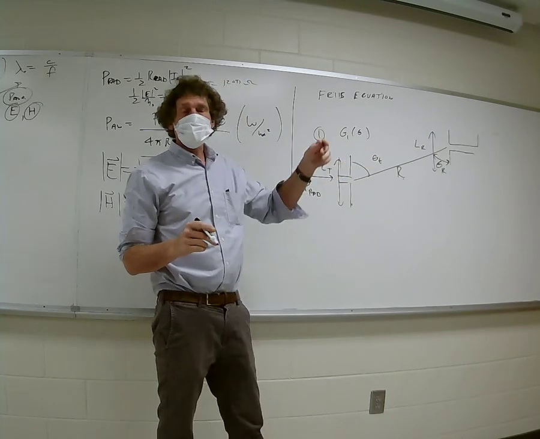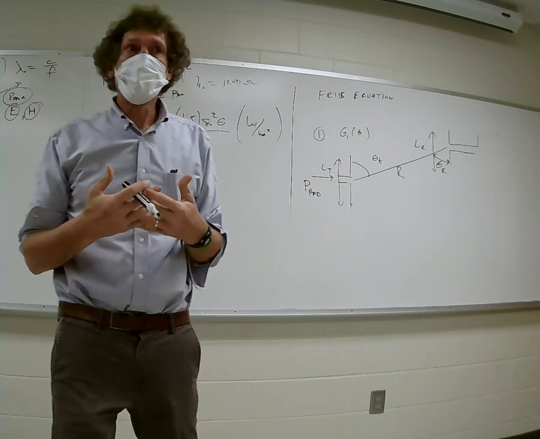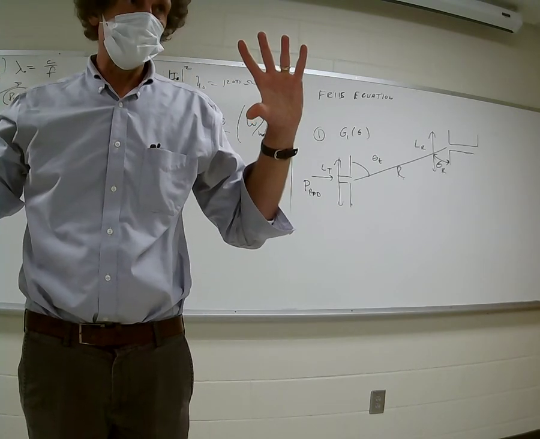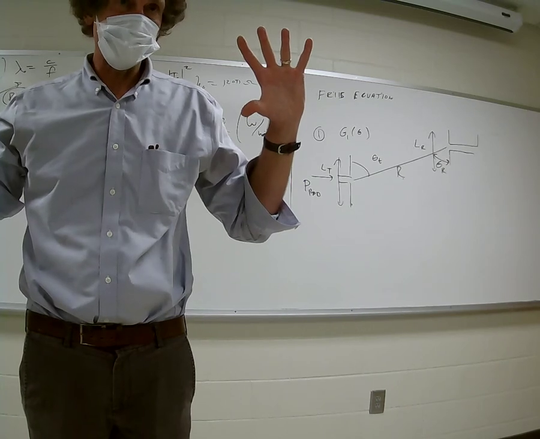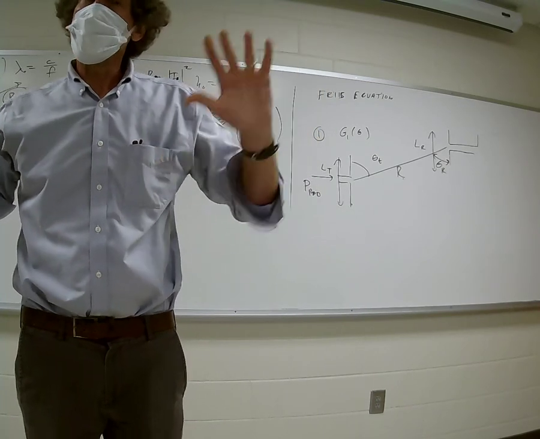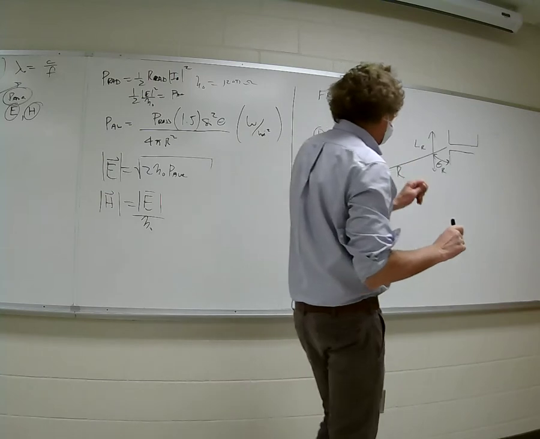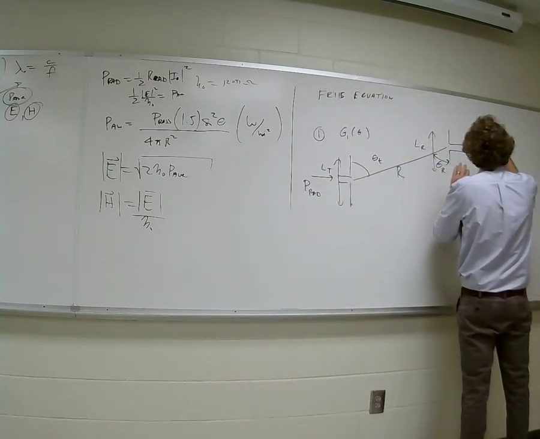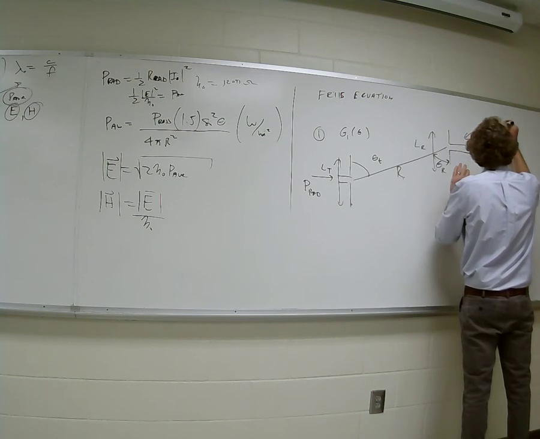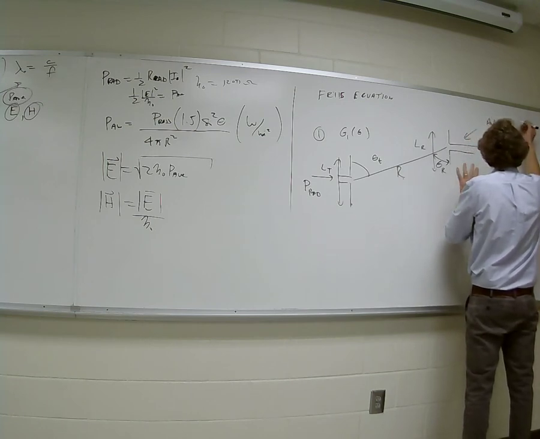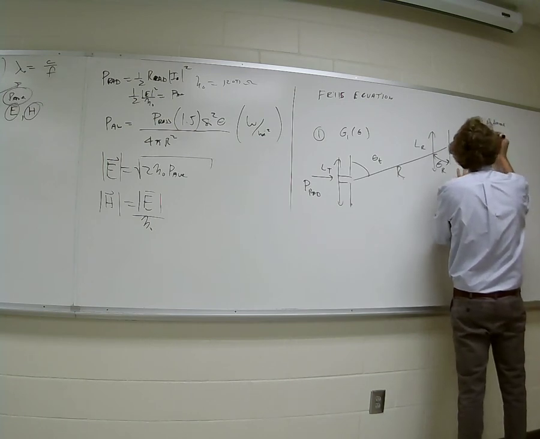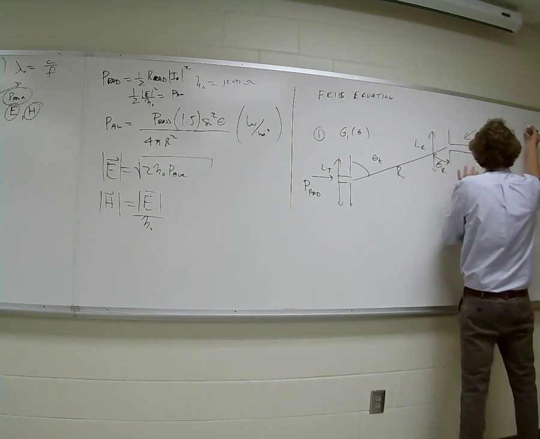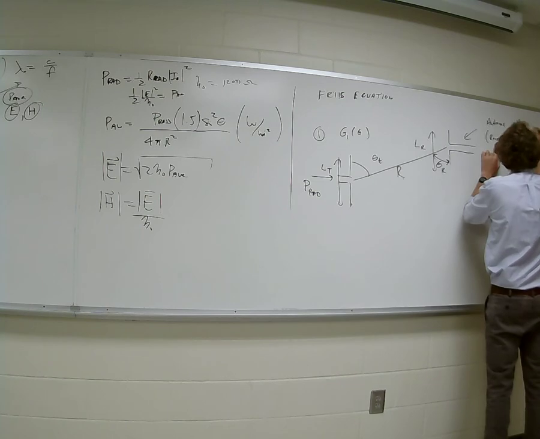So logic says if you're receiving something and it's a power, you would want to know what the size of the object is that's catching it. Think of a catcher's net catching something. Well, the electrical size of this is called the aperture. So write this down. For this antenna, right here, which is the receiving antenna, the size is called the aperture.